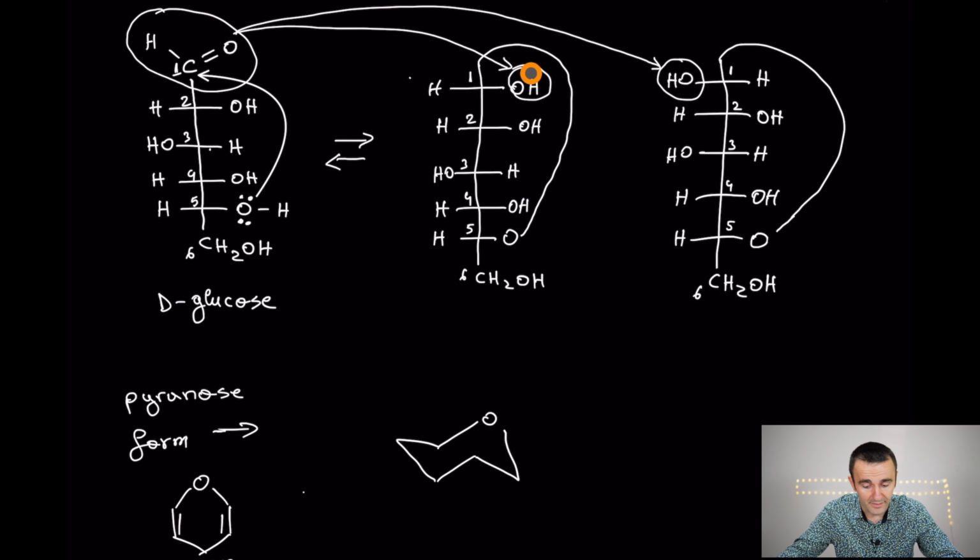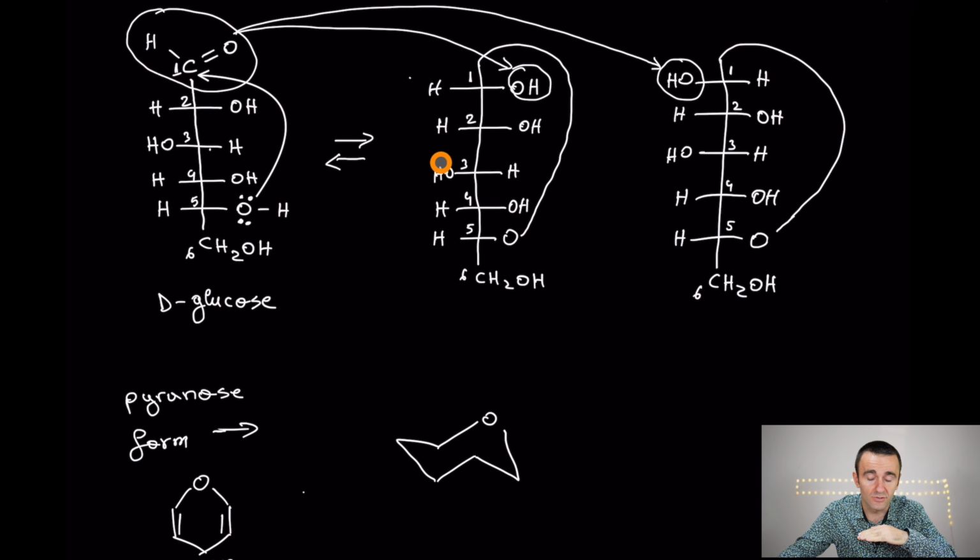All the groups that are on the right side are going to be down. All the groups that are on the left side are going to be up. What I explained above with that cyclohexane is not related with cis and trans. Up and down with a horizontal plane.